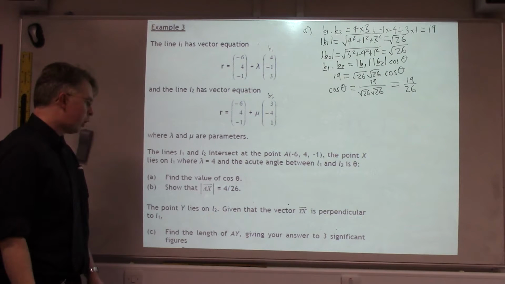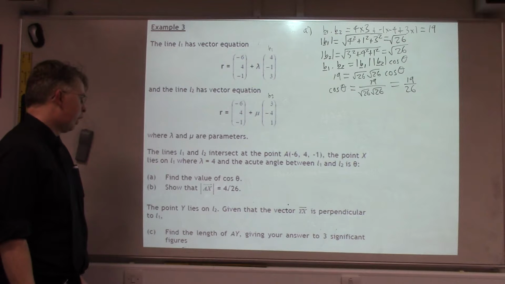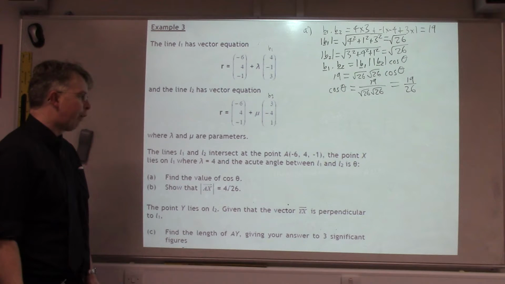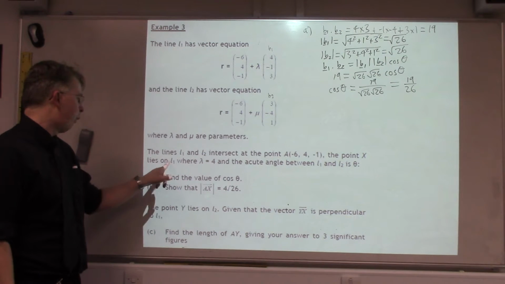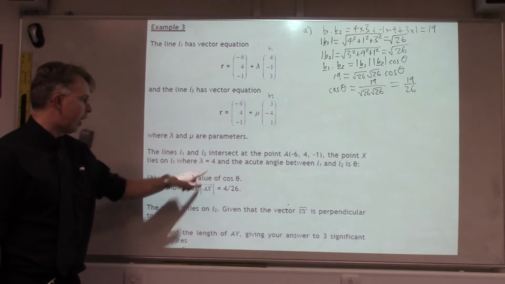Then we're asked to show that the modulus of AX equals 4 times root 26. So we've got the point A, which is minus 6, 4, minus 1. We need to find the coordinates of X. X is on L1 where lambda equals 4.